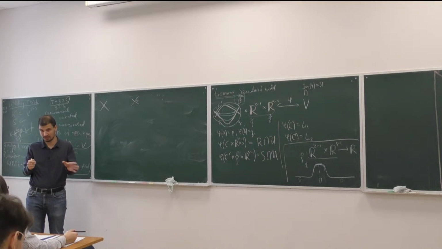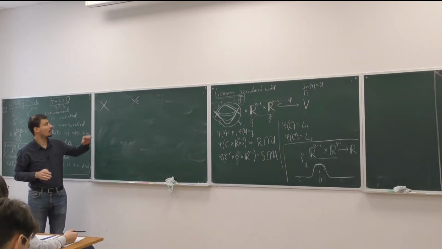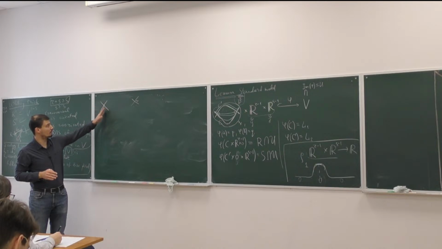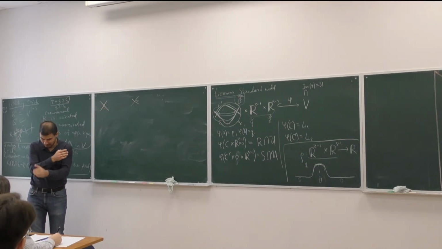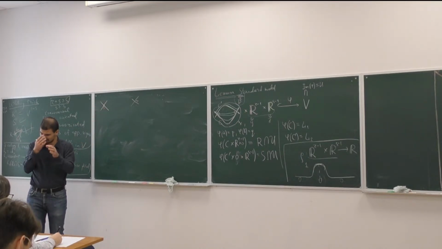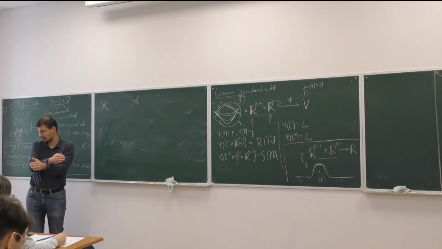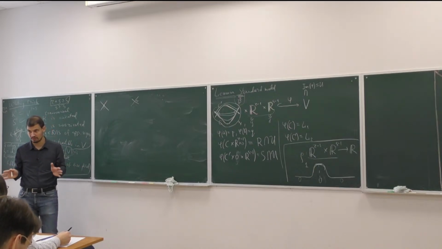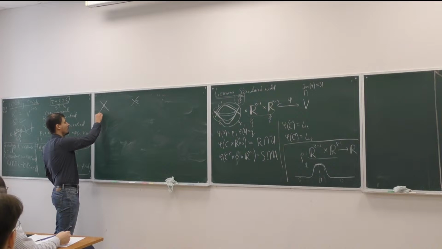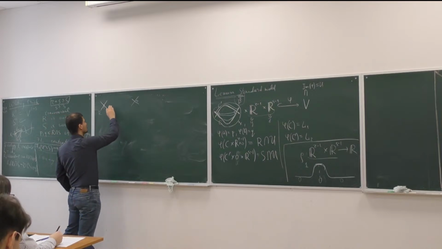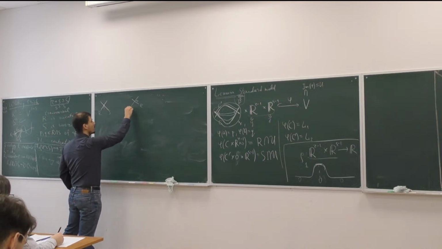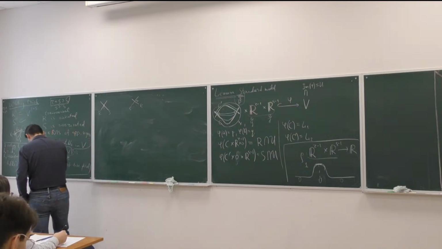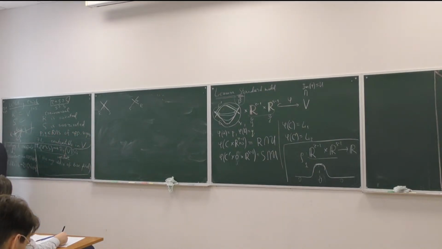Locally, it is just the Euclidean metric. And these R and S are true orthogonal linear subspaces near P and Q. There is no problem with this. R and S, and here we also have R.